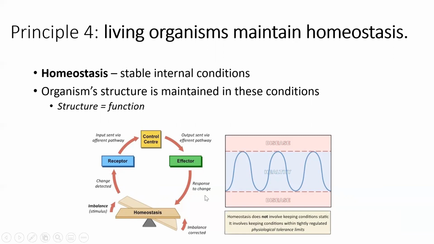You can see the example right here, a teeter-totter. Homeostasis is balance. So you can have an imbalance arise, and then you'll have the imbalance corrected, which is constantly going on inside of you and inside of organisms. It doesn't matter if it's you, a 100 trillion cell organism, or, for example, a paramecium or amoeba that is a single-celled organism.